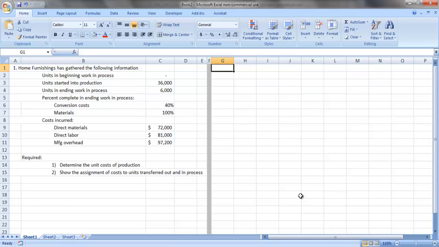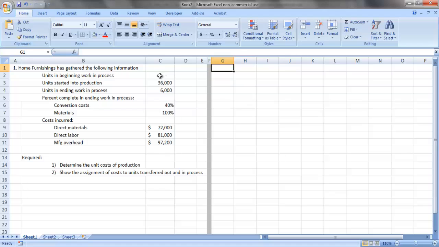In this demonstration, we are going to look at how to calculate equivalent units of production, unit costs of production, and we'll also look at how to book journal entries to show the assignment of costs to units being transferred out of a process. So if we look at our problem here, we see that Home Furnishings has gathered the following information.